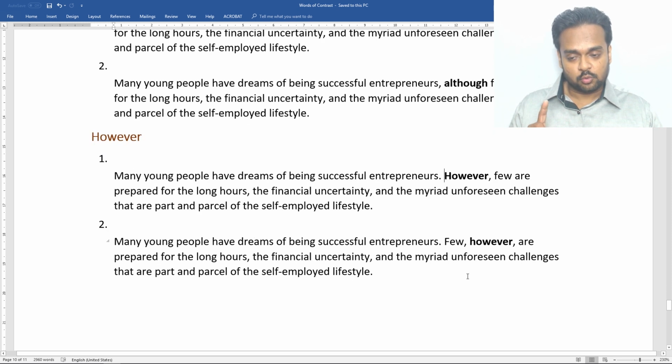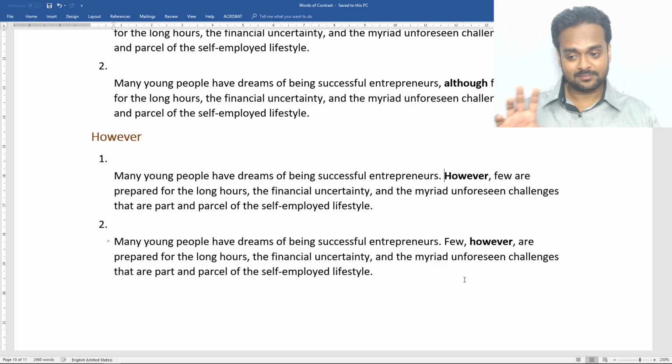Now, if you tried to write these two sentences with in spite of or despite, then you may have run into trouble because there isn't a clear noun phrase or an ing verb here. So you would have had to say despite the fact that, and then a certain clause, and that would have made the whole thing look quite unwieldy and very long and awkward.